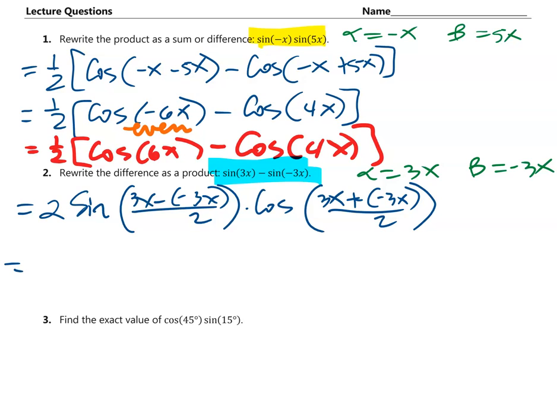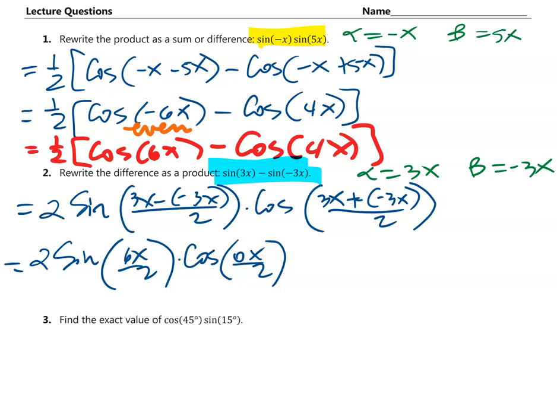Then simplify. So this is 2 sine of 3x minus negative 3x, which is 6x, over 2 times cosine of 3x minus 3x is 0 over 2.